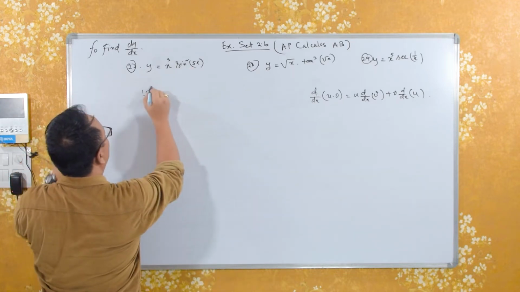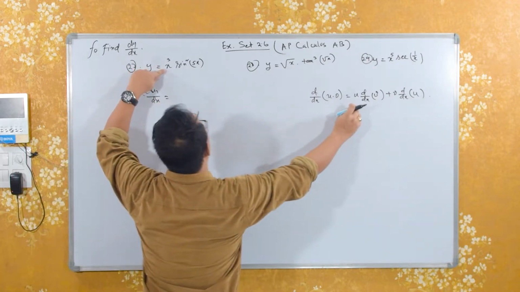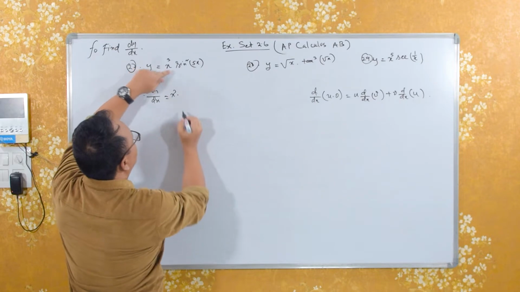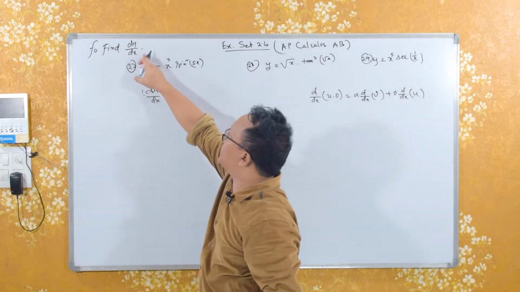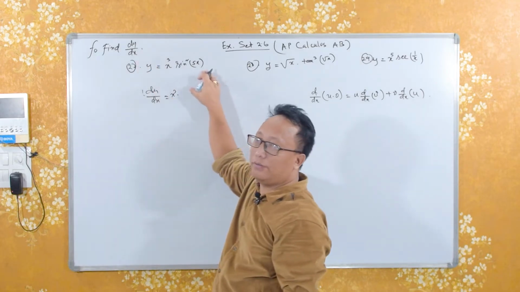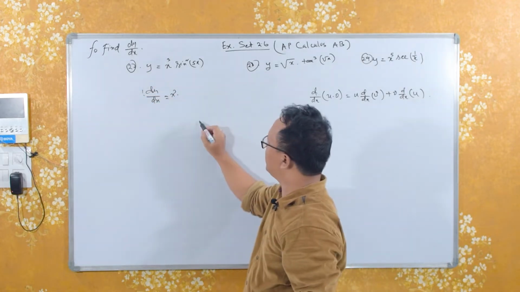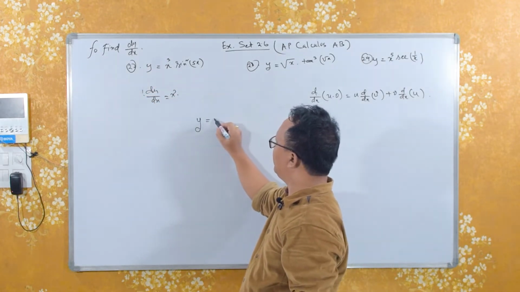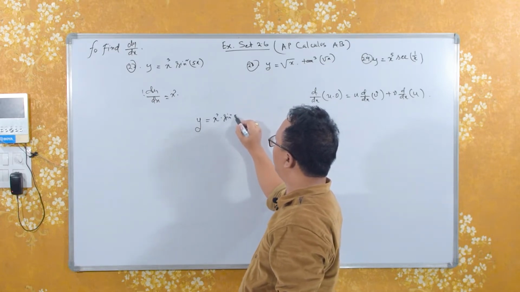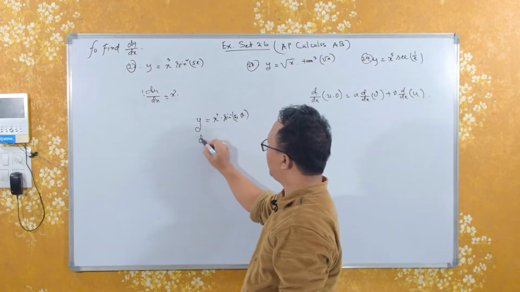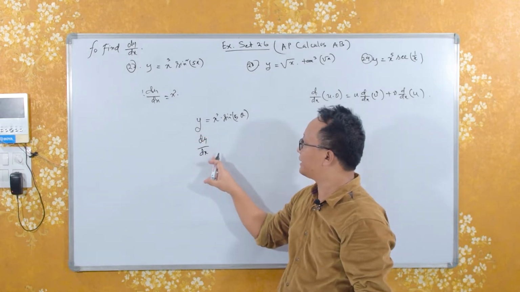Therefore dy by dx is this: I'm keeping x cube as it is, and differentiating the other part with respect to x. So be careful. For example, if they have given x cube sine square 5 theta and ask you to find dy by dx, the differentiation is with respect to x.